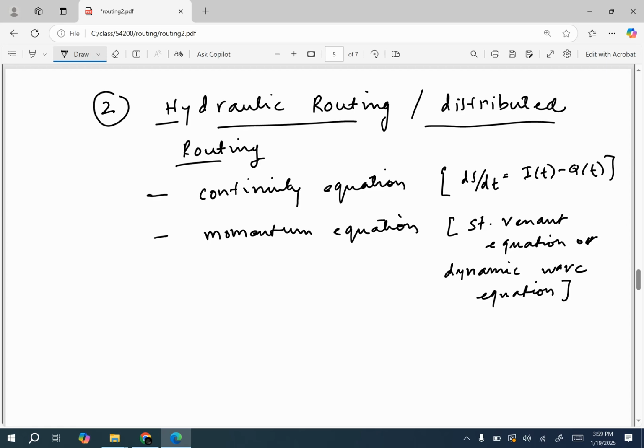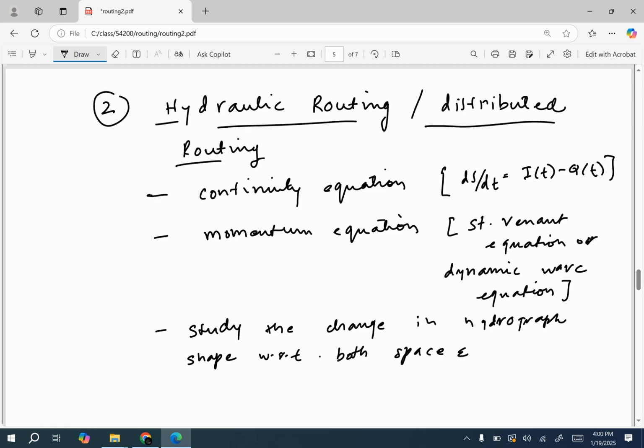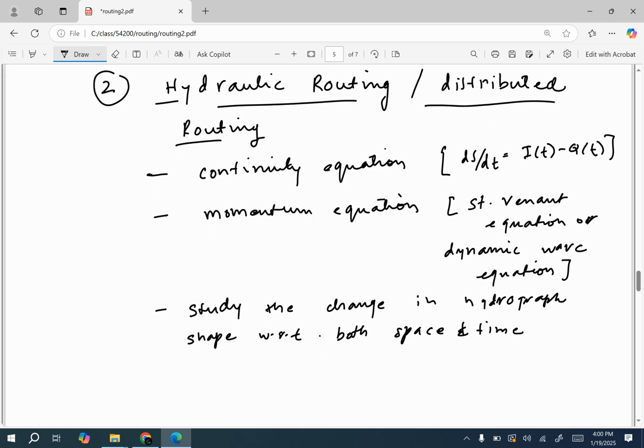So hydraulic routing involves the continuity and momentum equations, and here we study the change in hydrograph shape with respect to both space and time. As I said, hydraulic routing is more complex, and that complexity comes from the momentum equation.